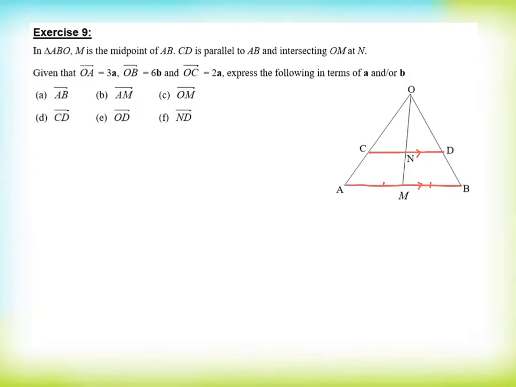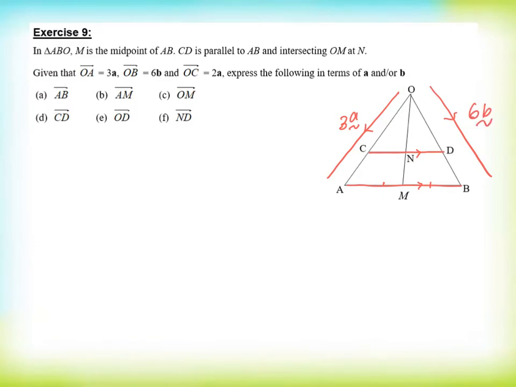And next, I know that the different points OA is now the vector 3A, where O to B is the vector 6B.